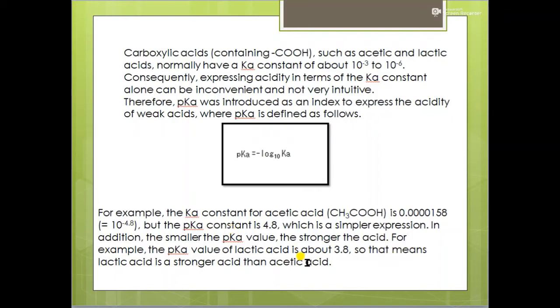In the case of lactic acid, the pKa value is 3.8, which means that lactic acid is stronger than acetic acid. So the lower the pKa value, the higher its acidity. Just like pH in the case of strong acids, in the same way for weak acids we take the pKa value to check acidity.